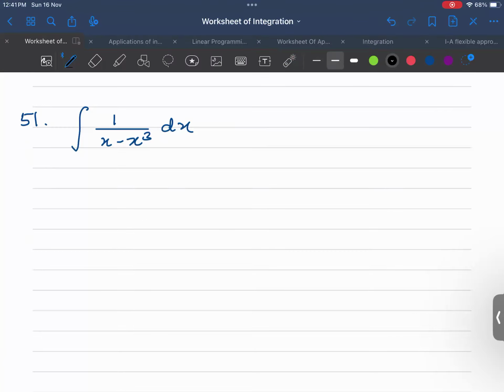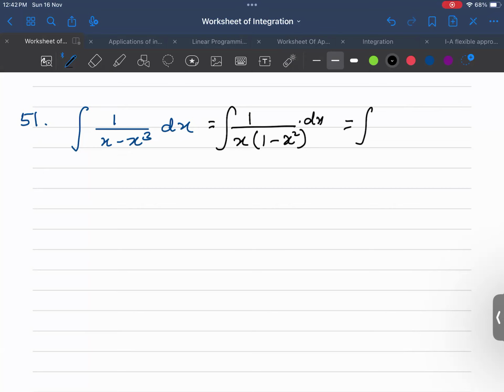Now again, first see, this question can be simplified. Can I write x, 1 minus x square? Yes or no? Then I can further solve it.